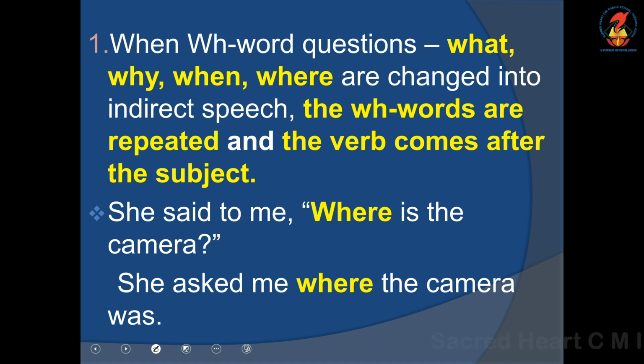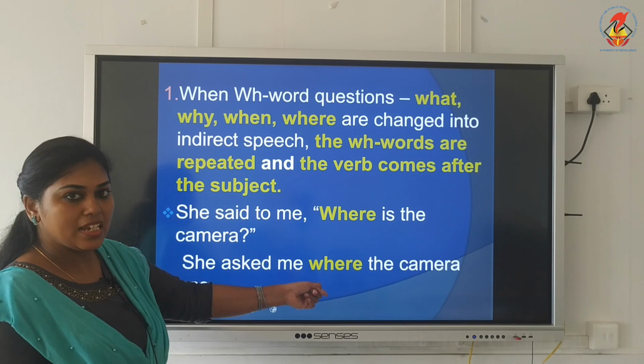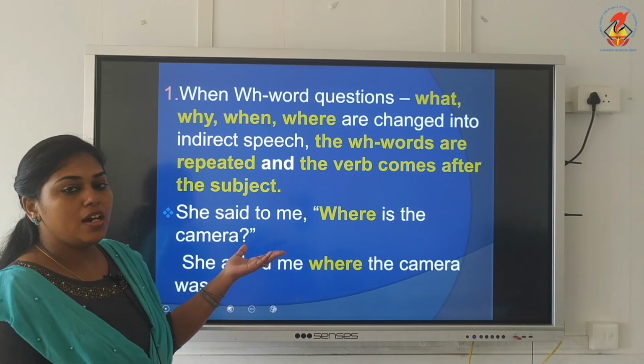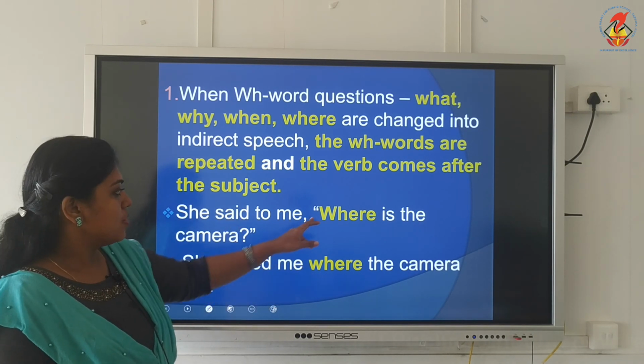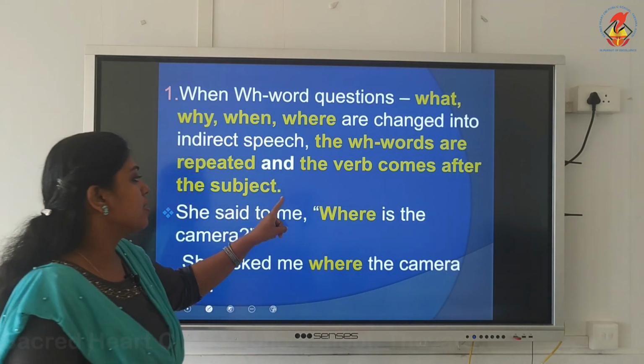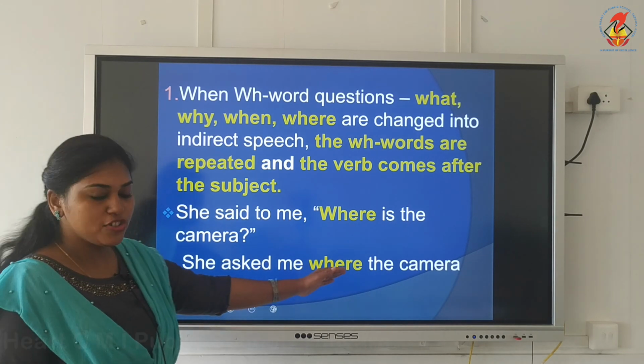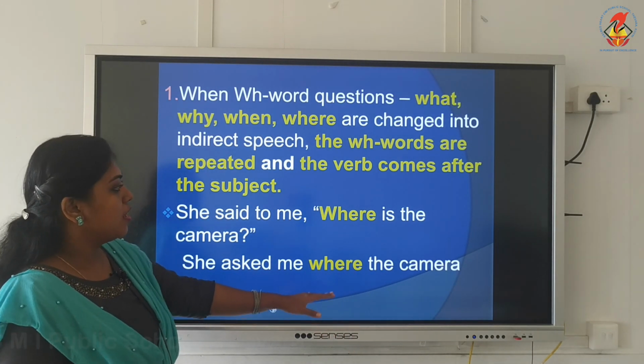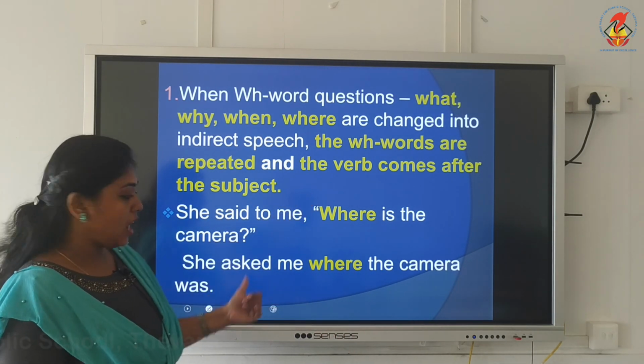That is why here it is repeated. We are not making any other change like how we did for other sentences. So the word should be repeated and the verb comes after the subject. Okay, when you change it into indirect speech, the verb should be written after the subject.